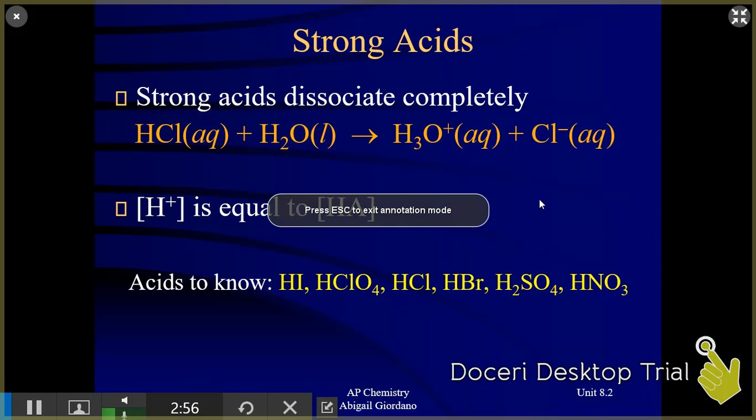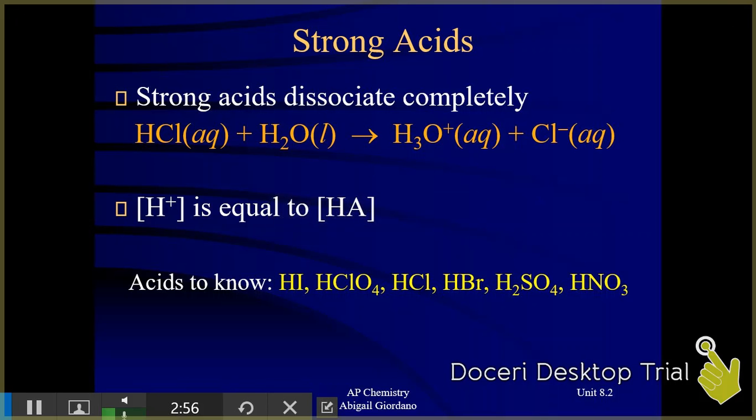One thing I do want to highlight is that with sulfuric acid, each hydrogen comes off one at a time. It is only the first hydrogen coming off, being donated, that is a complete dissociation. The second hydrogen doesn't come off so easily. That makes it a weak acid. We'll talk more about that later.